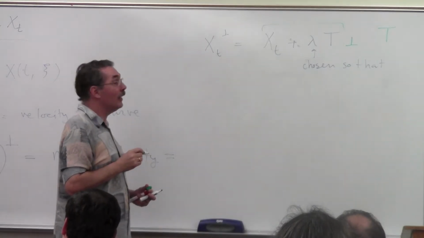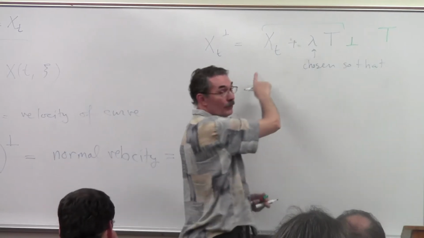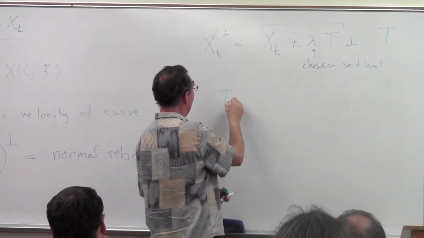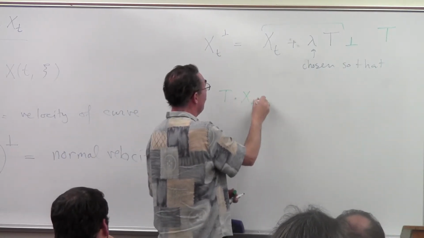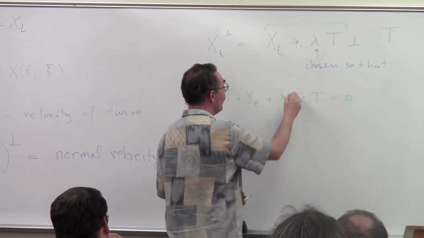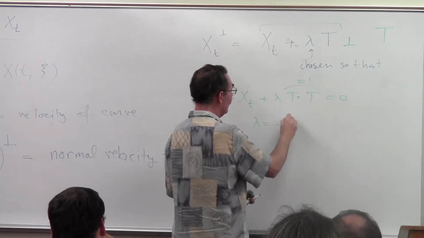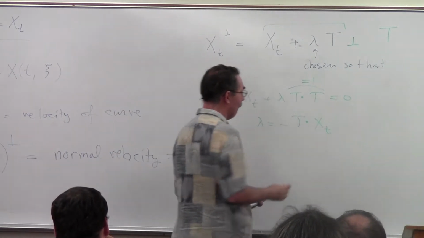The way to calculate that is you take the inner product of this thing with the unit tangent. This has to be 0. T is a unit vector, so T dot T is 1, and therefore lambda is minus T dot x_t.